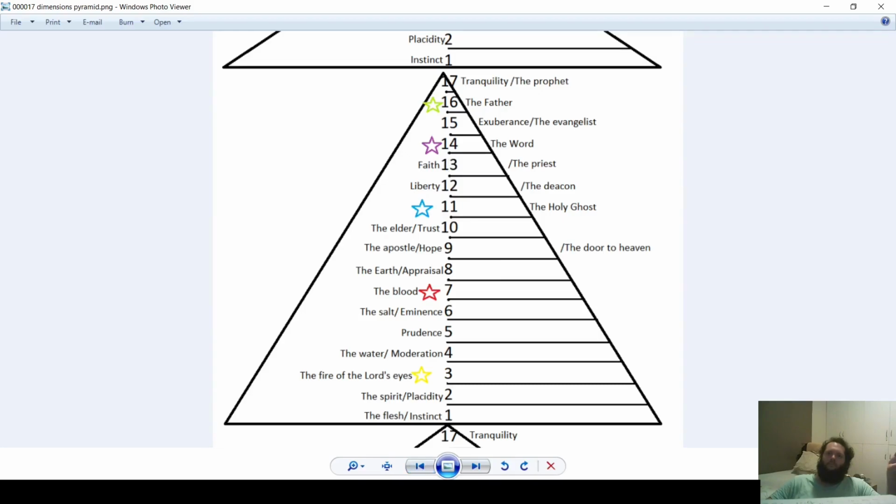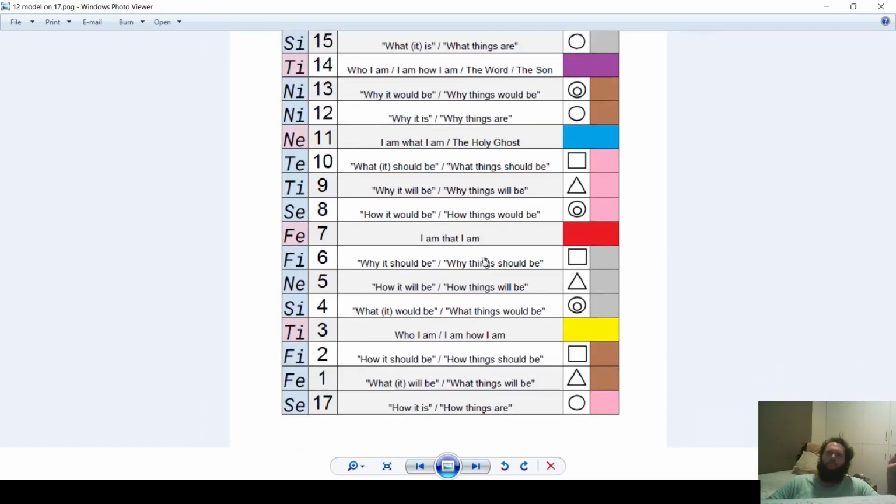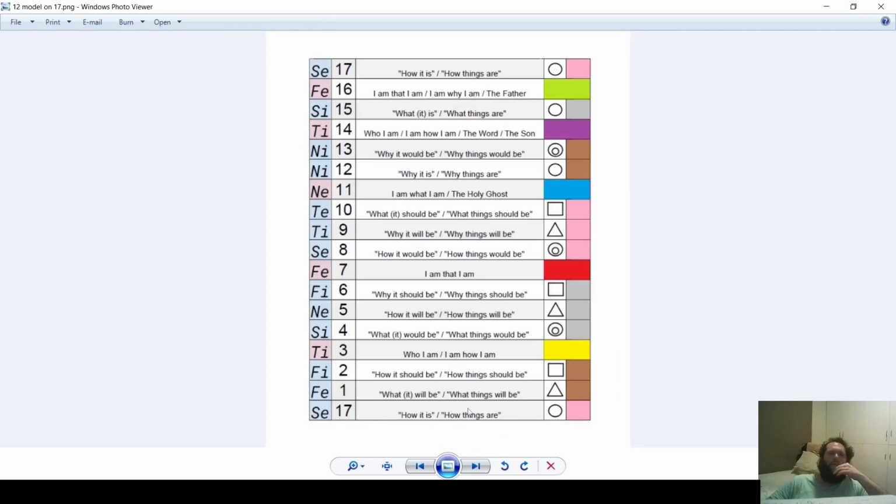And this is a better detail of the 17 cognitive functions, and I repeated 17 just to show that after 17 it goes back down to one. There's also another reason why I'm showing 17 twice here, but I'll talk about that at some other point.